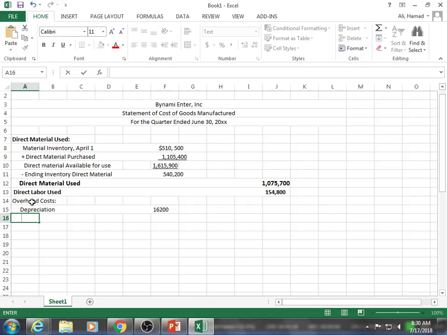The indirect labor cost? No. The plant supervisor. Supervisor salary. Yeah. Okay, so the plant supervisor salary. All right, how much was it? 50,600. 50,600.